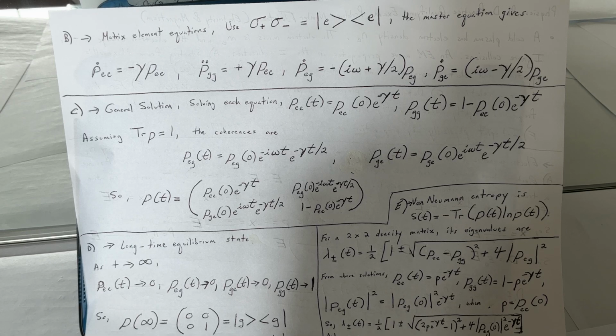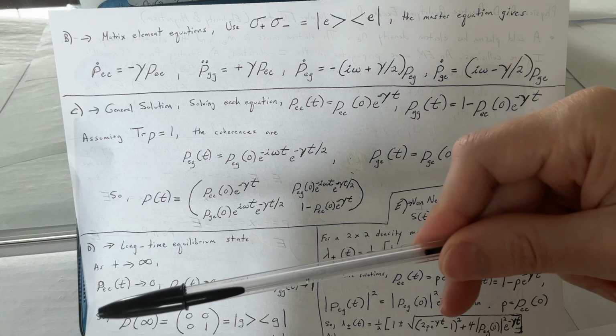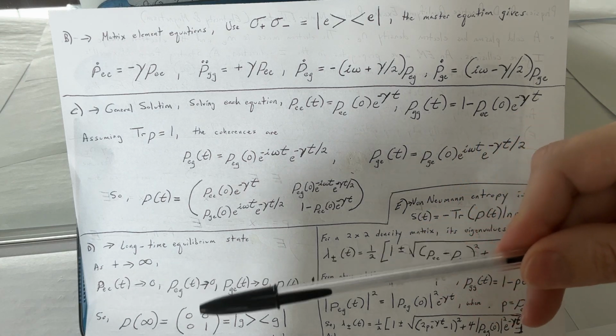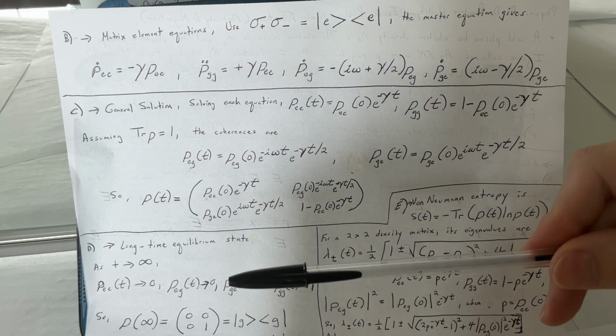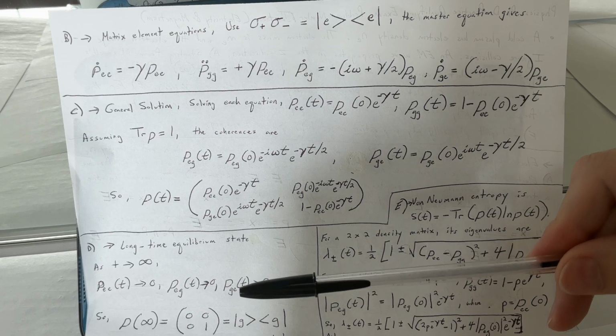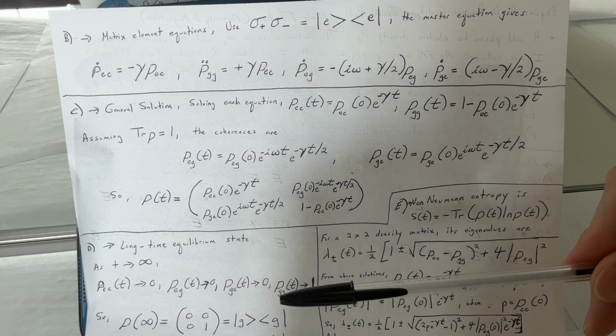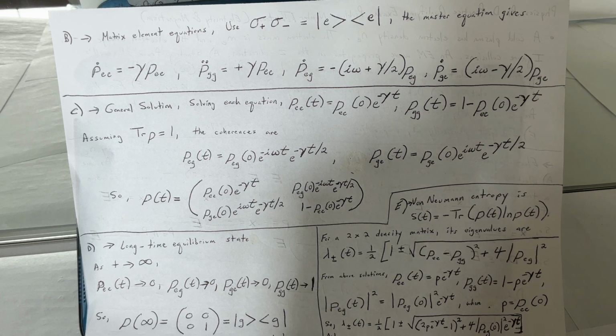Now for letter D, they want us to determine the long-time equilibrium state. So the long-time equilibrium state here, as t approaches infinity, we have rho sub EE of t approaches 0, rho sub EG of t is approaching 0, rho sub GE of t is approaching 0, rho sub GG of t is approaching 1.